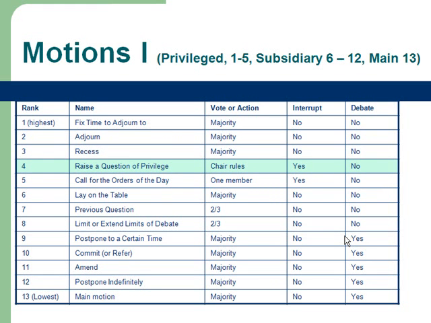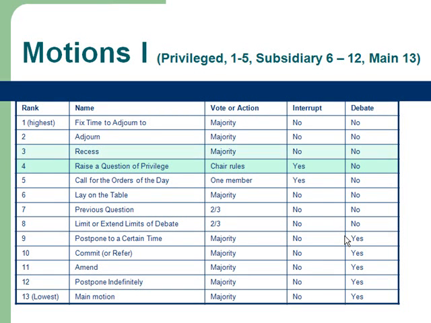For example, maybe he cannot hear the discussion because of some rowdy or noisy individuals in the assembly, and he can rise and interrupt any business and say, Mr. Chairman, I rise for a question of privilege. I cannot hear the speaker. Can you please bring this body to order? And the chair would have to accommodate the individual.